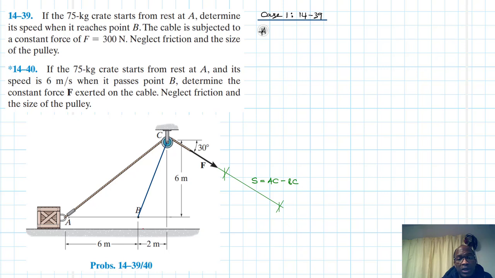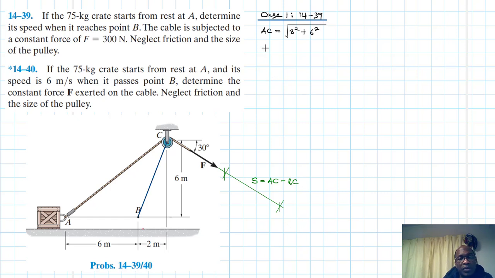Alright, so let's find what AC is. AC is just equal to the square root of (6 plus 2, that is 8) squared, plus 6 squared. So this is AC.